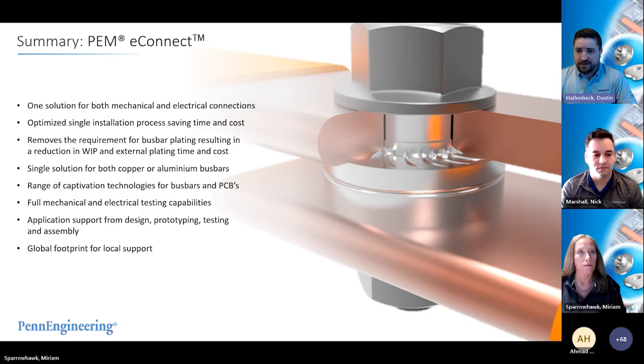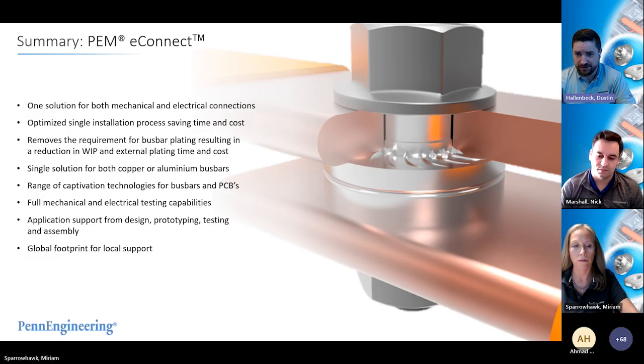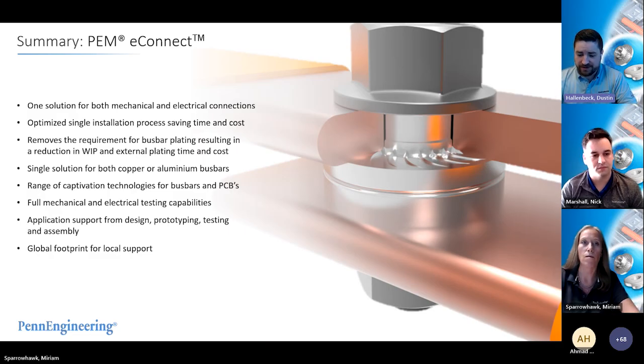And then really the biggest advantage of all of this is the removal of the platings, right? You can always silver plate your bus bars, but including those outside operations and the costliness of having to send out bus bars for silver plating, it is extremely cost beneficial to transition to an individual fastener of the same plating solutions. The other real benefit here is future-proofing.